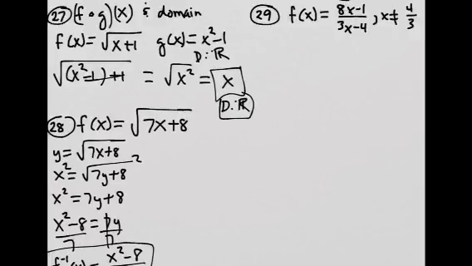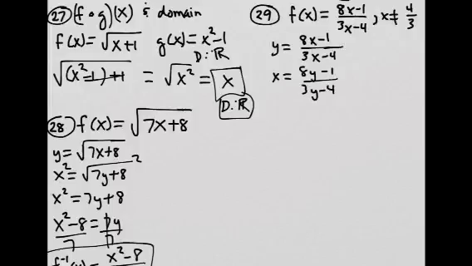Okay, another inverse function problem. So we make the f of x equal to y and write it this way. And then the next step is we're going to switch the x and the y. So the left side is now x and the right side is 8y minus 1 over 3y minus 4.